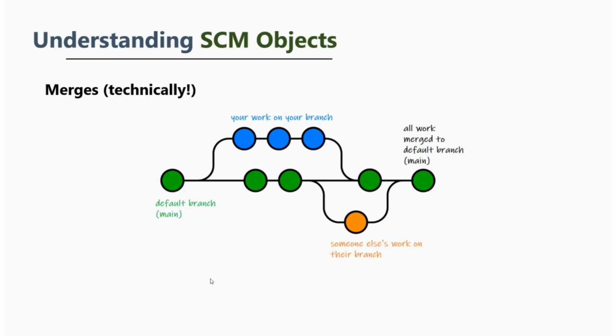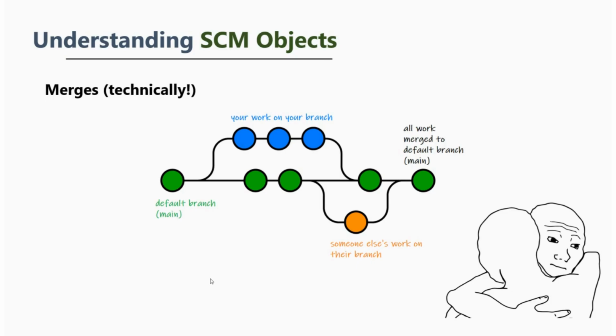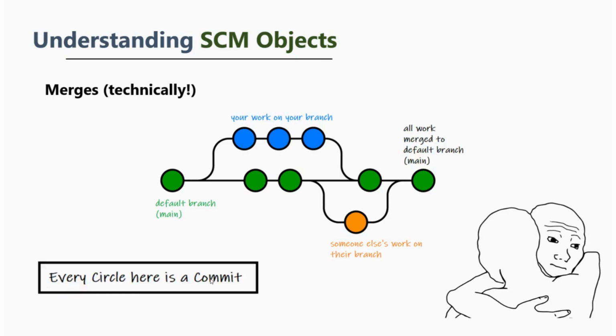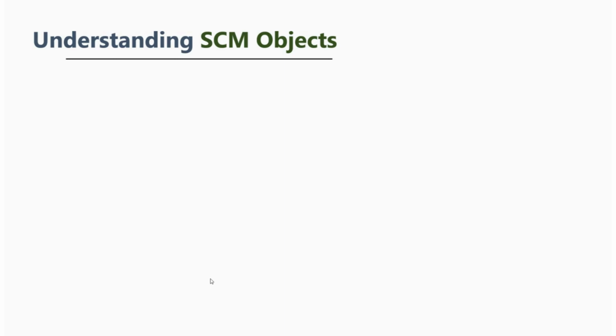And probably a different person who has access to your repository can create a new branch to work on his side of things, and then he is done with just one commit and he can then merge it back to the main branch. This way, more than one person can work on the same repository in harmony, and both of their changes can reside on the main branch after being successfully merged. Now, an important thing here is every circle here represents a commit, which I forgot to mention before. That was the tough part that we already completed.